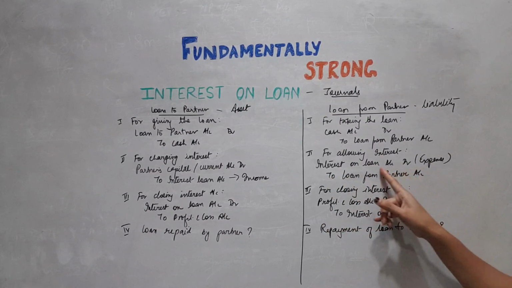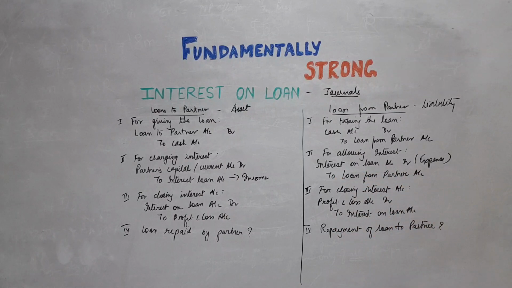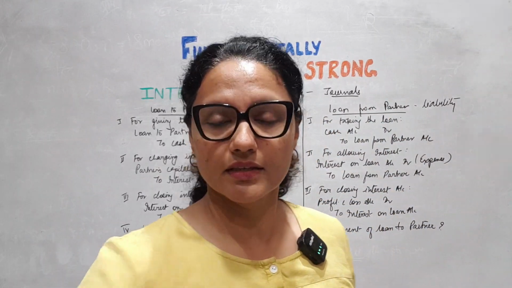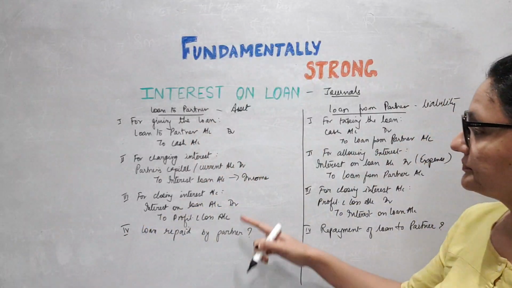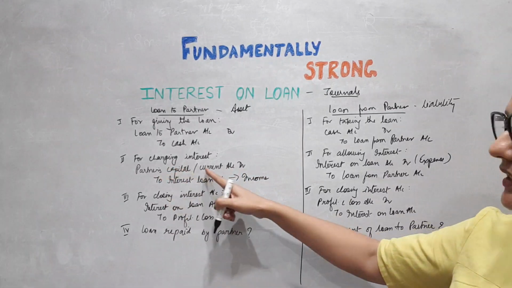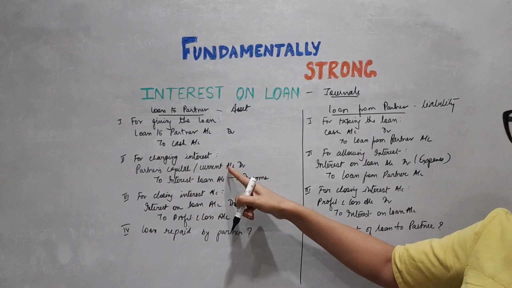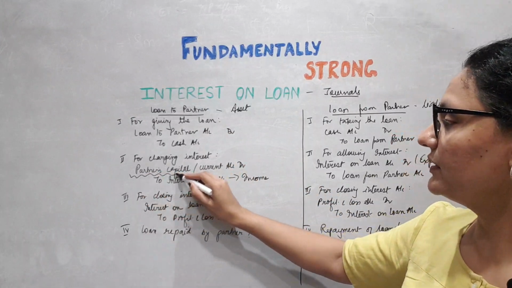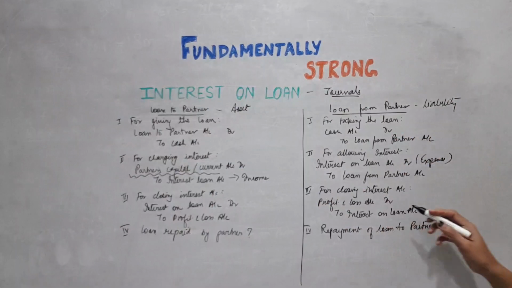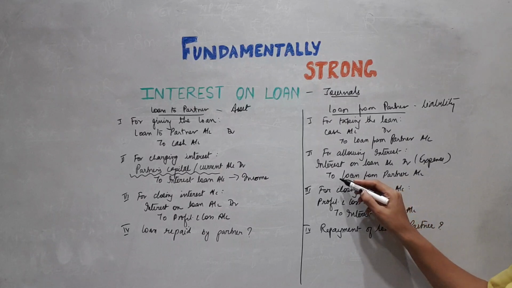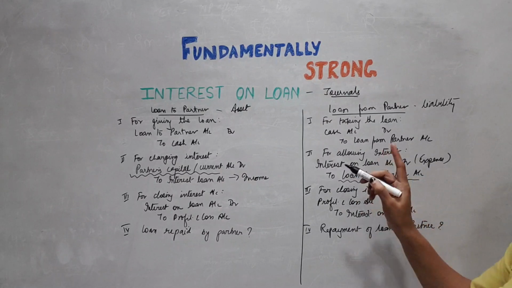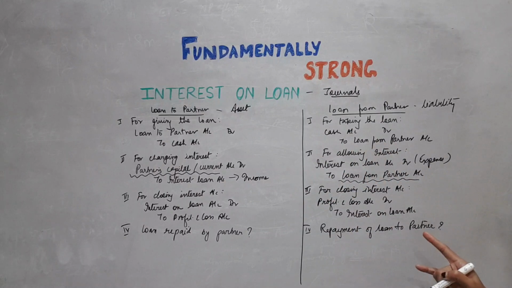This is a very important thing. Please understand, when we talk about interest on loan given to a partner, we debited the partner's capital or current account, not his loan account. Here it's capital or current, but here it's different. It is being credited to loan from partner, not to the partner's capital account.